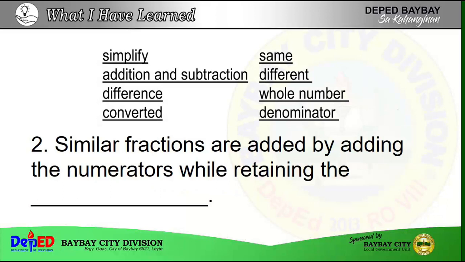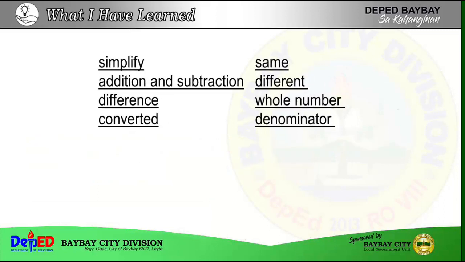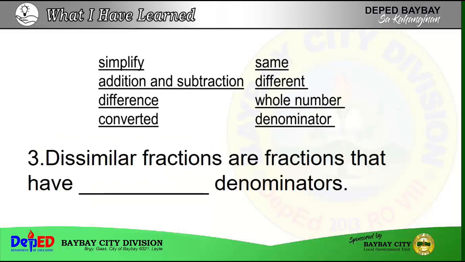Number 2, similar fractions are added by adding the numerators while retaining the blank. Number 3, dissimilar fractions are fractions that have blank denominators.